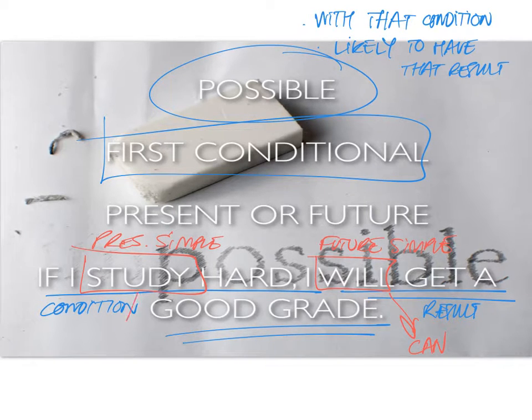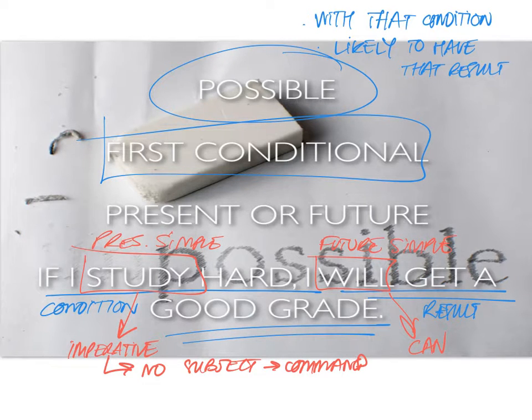Or you could have an imperative. Remember that imperative means no subject. It's a command. Something like, go if I am late. Don't wait for me if I'm late. Something like that, okay?